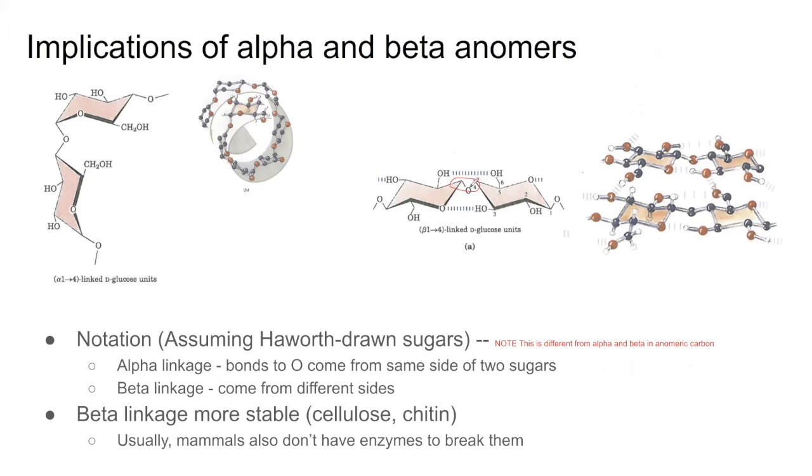In this bond here, the carbon-oxygen bond points down for one sugar, and it also points down on the other sugar. And so in this case, we would say that these glucose subunits have their glycosidic bonds pointing in the same direction. And so we would call this an alpha linkage.